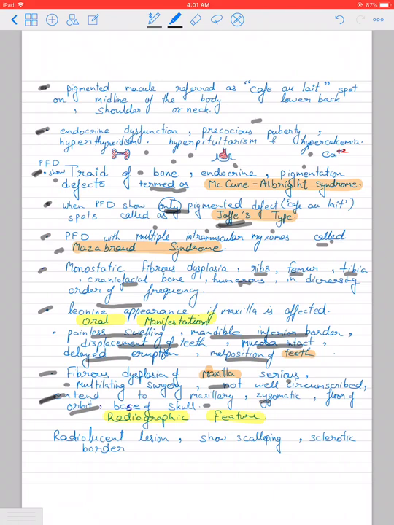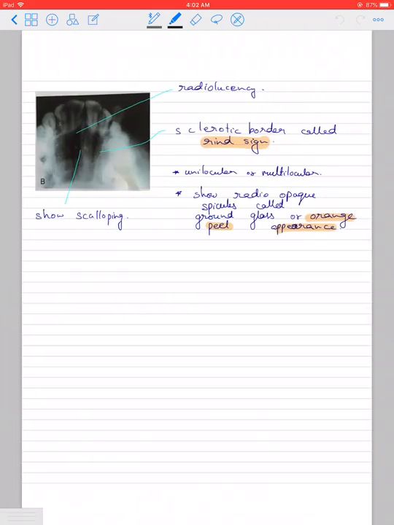Now the radiologic features. As you can see in the photograph, there is a sclerotic border called the rind sign.